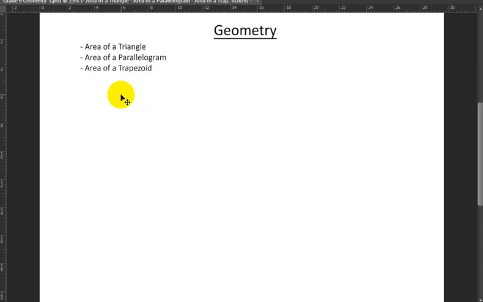Lastly, we will be talking about the trapezoid. The trapezoid is a four-sided shape that has no sides being equal and 2 of them being parallel. It looks kind of like a table.